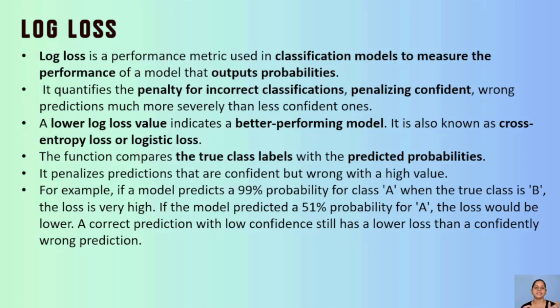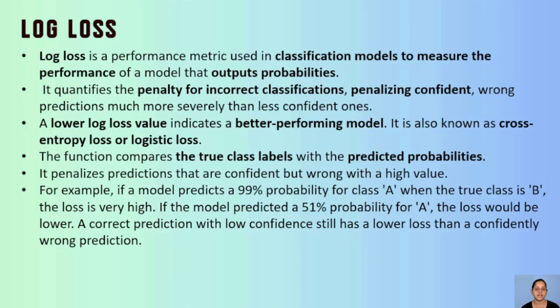There is another term for log loss: cross entropy loss. It's a very important concept in case of deep learning, guys. It's an important metric in deep learning. We call it logistic loss or cross entropy loss. This compares the true labels with the predicted probabilities.